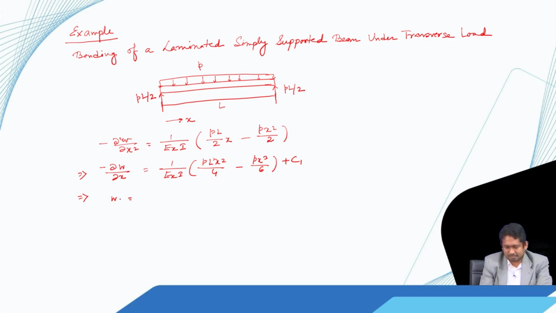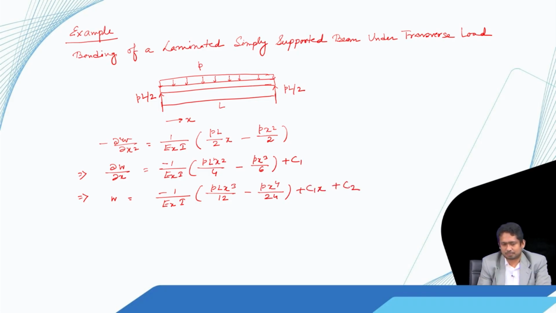Let us absorb the negative sign in the right hand side. The constant is a constant, so we do not need to change the sign. Then this becomes w is equal to minus 1 by EI into PL x cube by 12 minus P x to the power 4 by 24 plus C1 x plus C2.